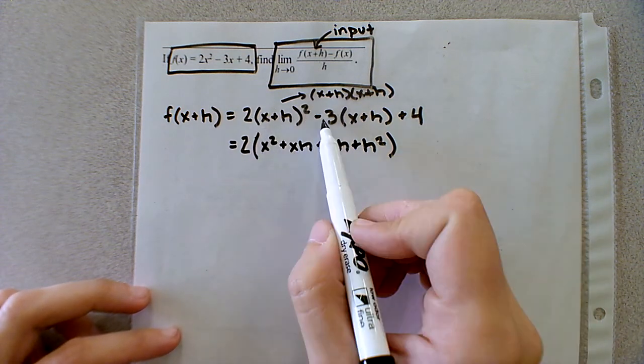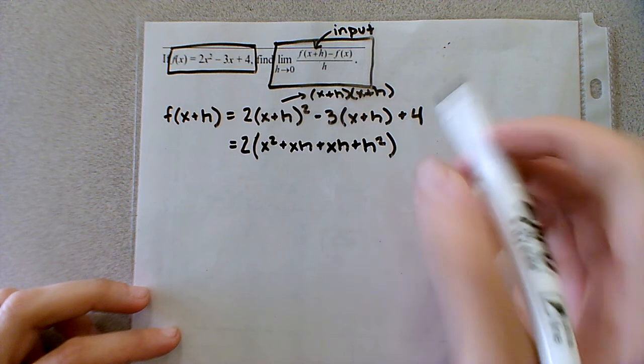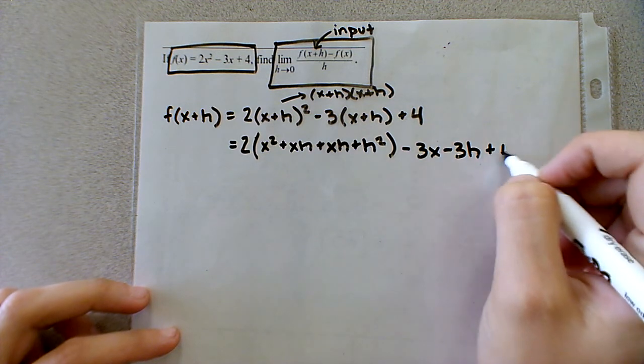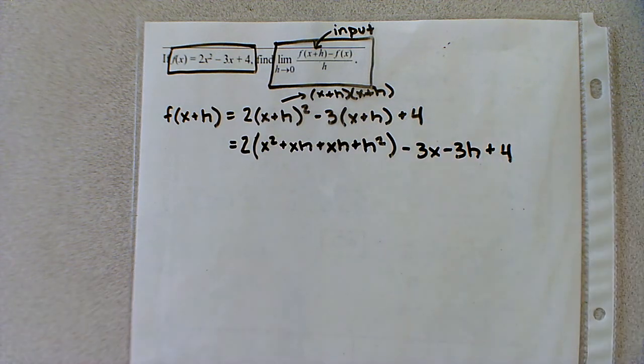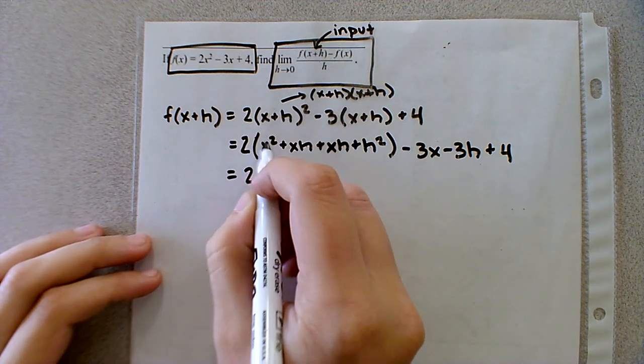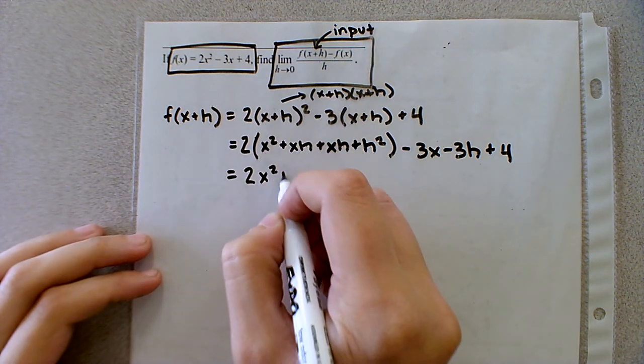If I continue to work through, I can distribute in the -3, and then I'll just have the +4 on the end. All right, but we still have some parentheses, so maybe we can continue. We'll distribute in the 2.